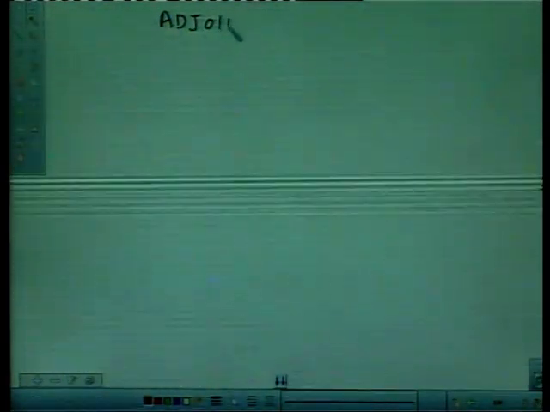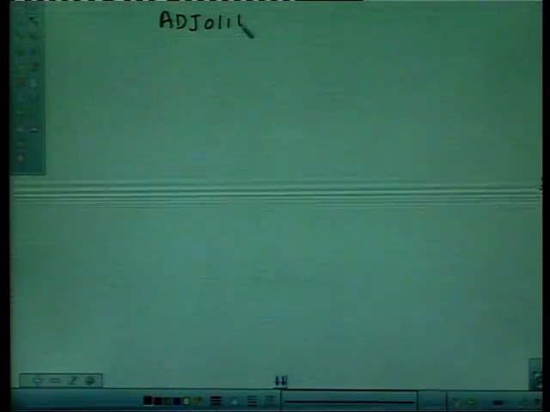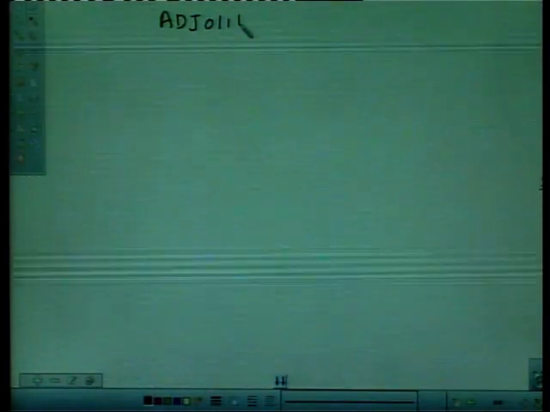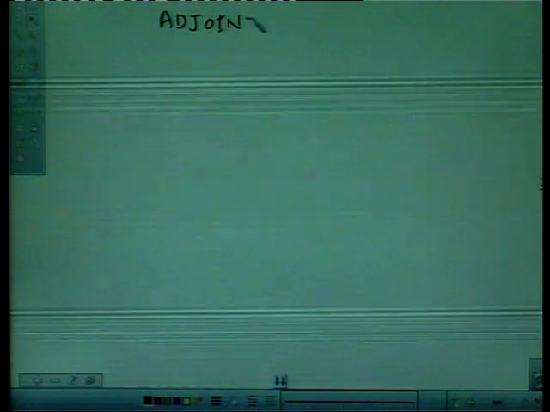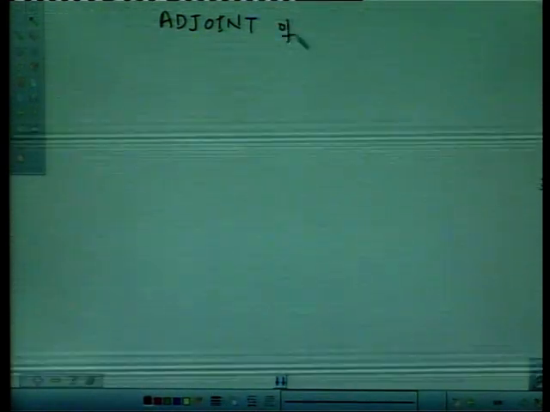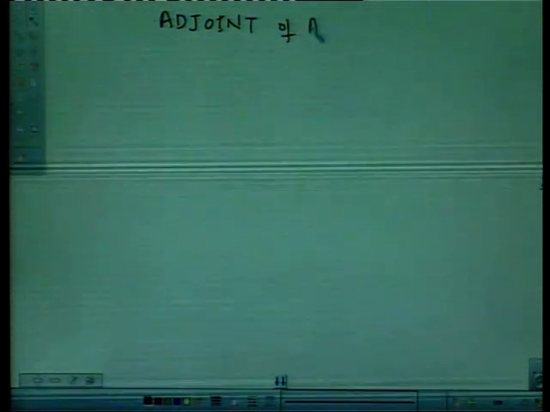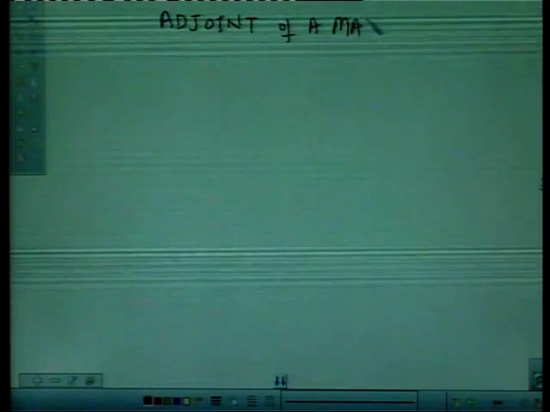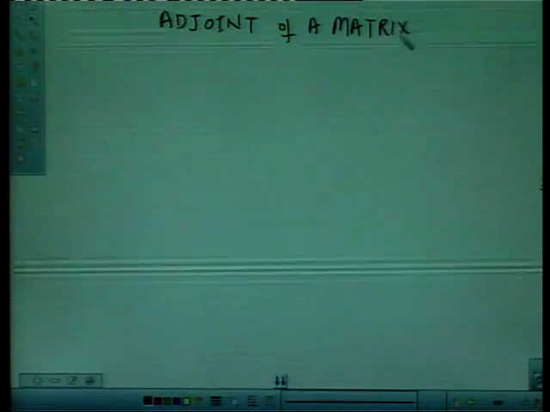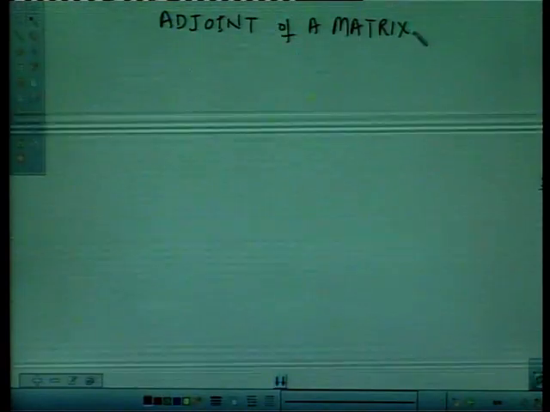Now, after multiplication, we will discuss the adjoint of a matrix. Adjoint of a matrix.